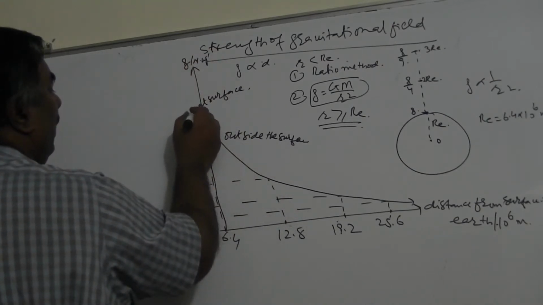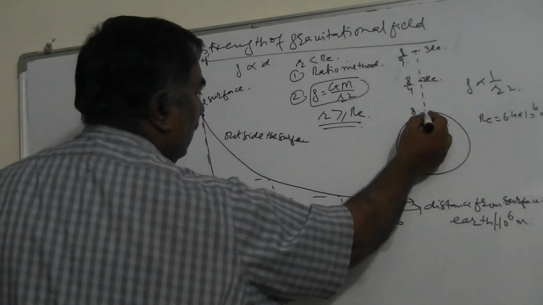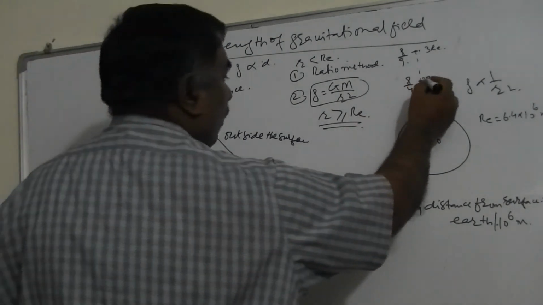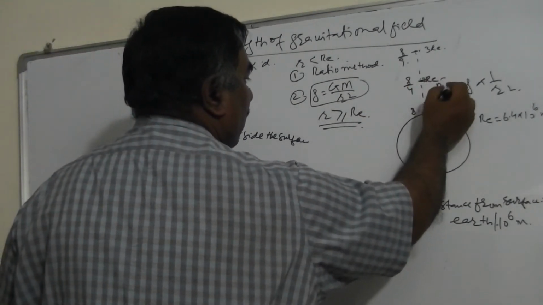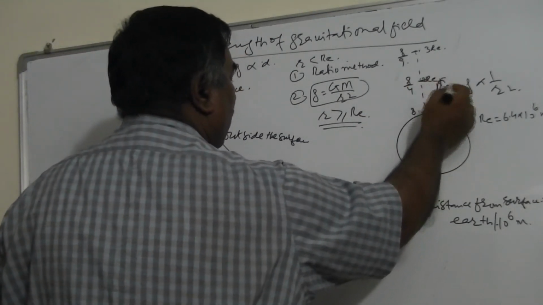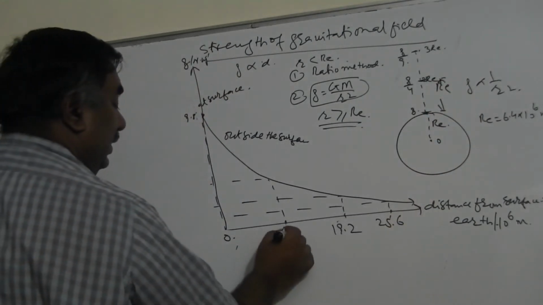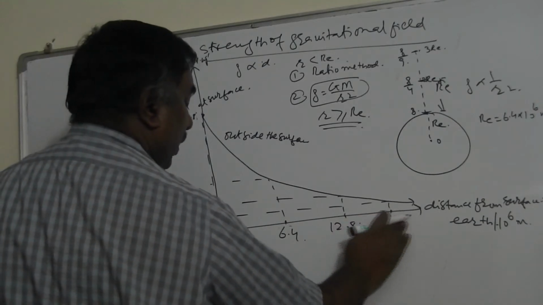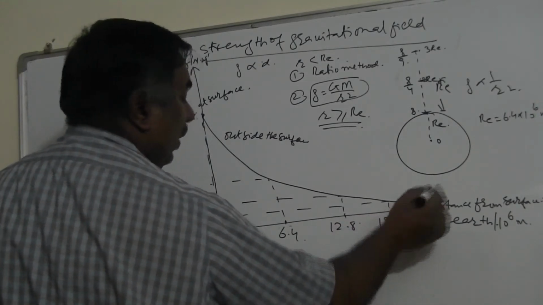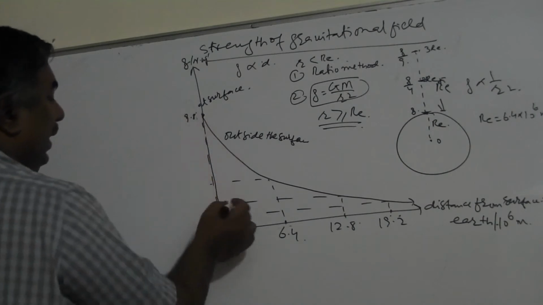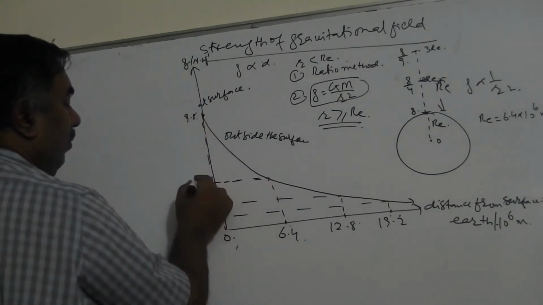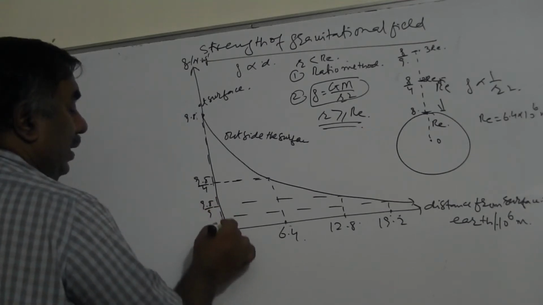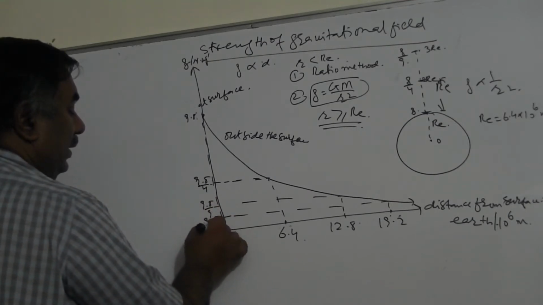This one is now 0, not 6.4, the center. Now this value from here will be RE, not 2 RE. RE is 6.4 into 10 power 6 meters, and this will be now 12.8 into 10 power 6, and this will be now 19.2, and so on. So this will be 9.8, then 9.8 divided by 4, 9.8 divided by 9, and 9.8 divided by 16.